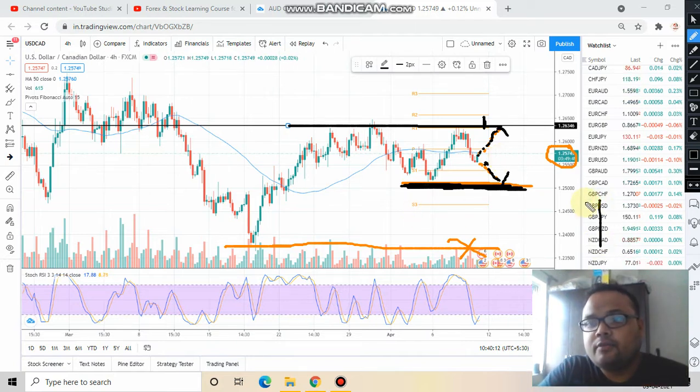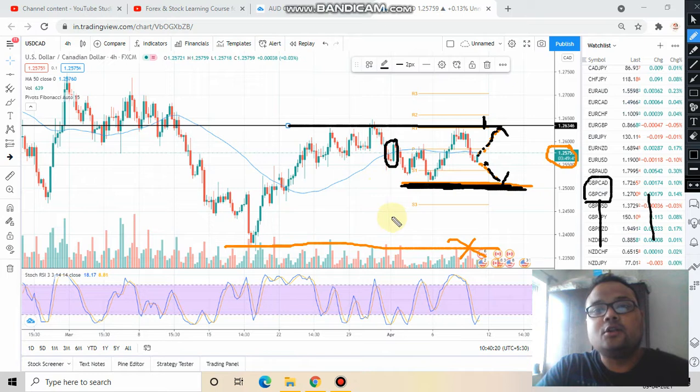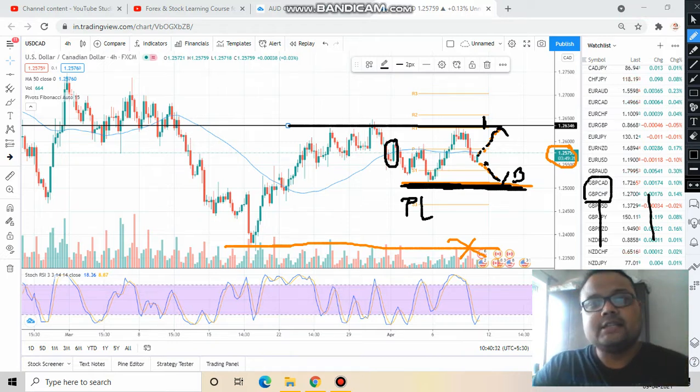Confirmation will be in the form of a hammer, price rejection from below, or a bullish green candle. Once you get a confirmation that yes, previous low is acting as a support or providing a temporary support to the market, you can go for a buy above this level. Okay, so this is the strategy that you can follow for US dollar Canadian dollar for 9th April.